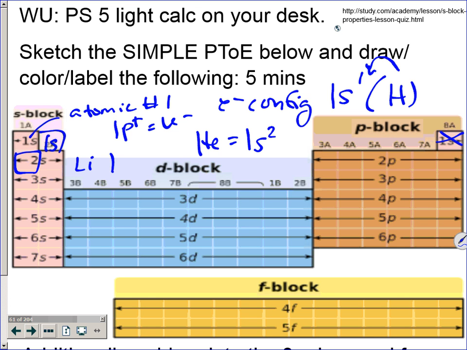I go through all of the little s orbital, so that's 1s, 1, 2, so that's all I got through s. So far I've got 2 electrons, and they're just in the central, S-shaped orbital. And I can go all the way across this periodic table. There's nothing else here, right? The p's are actually below this, and this s has been removed, so I've got nothing else to apply.